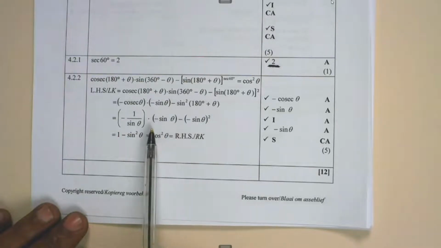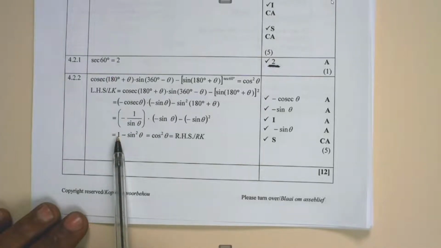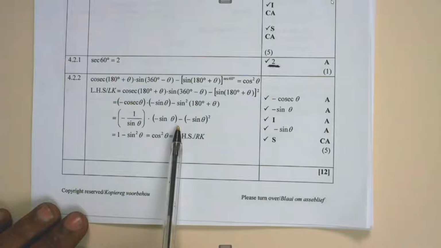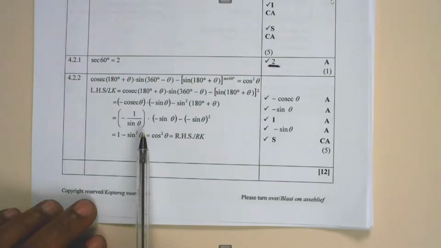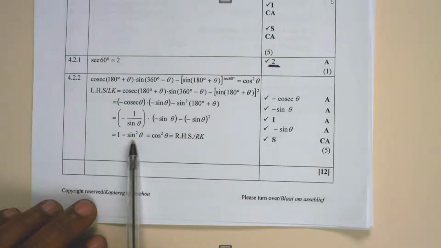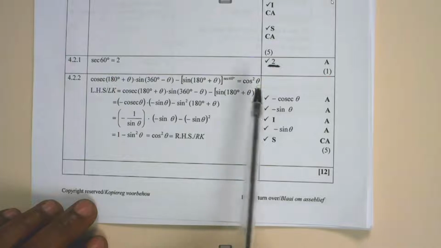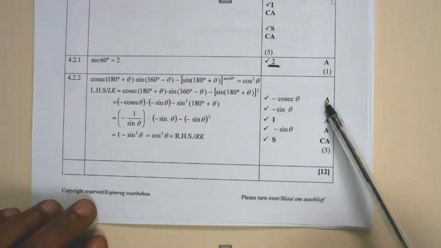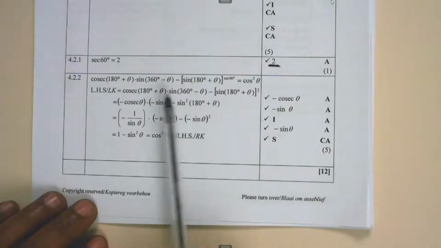And then if you multiply the two, you will realize that you are left with 1, but negative 1 multiplied by negative 1 will give us positive 1. And then we'll be left with 1 minus sine squared theta, which is the same as cos squared theta. Therefore, accuracy mark for negative cosec theta, and accuracy mark for negative sine theta because of the quadrant.